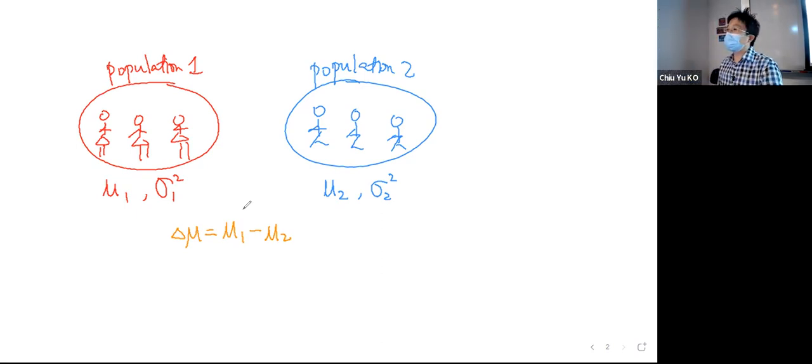Or say, suppose you hire an idol to advertise your goods, right? And population 1 is the sales data with the advertising, 2 is without. You want to see if spending the money is worth it, right?